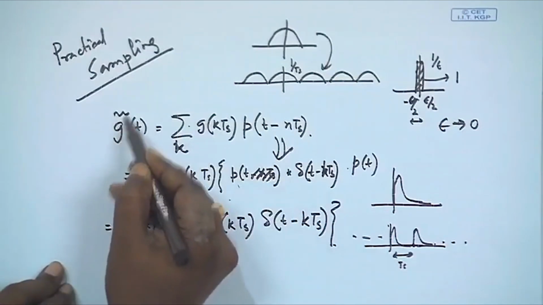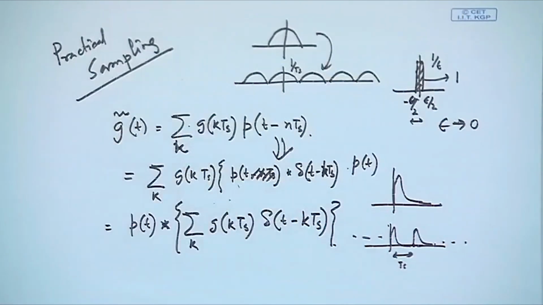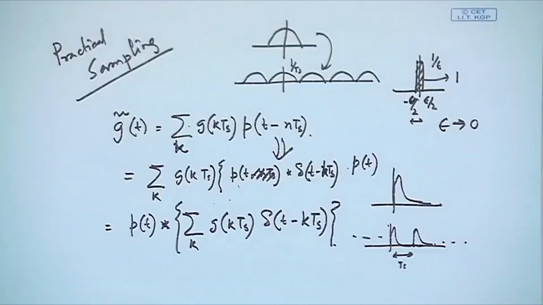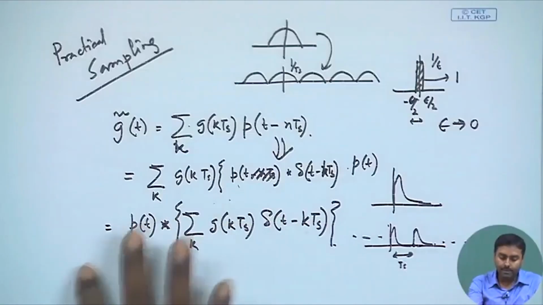and we term this as g tilde(t). Okay. Because this is not the original sampling, we are not writing it as g hat or g bar(t), which was the original sampling with delta. So, this is sampled with that pulse, and then we could prove this.